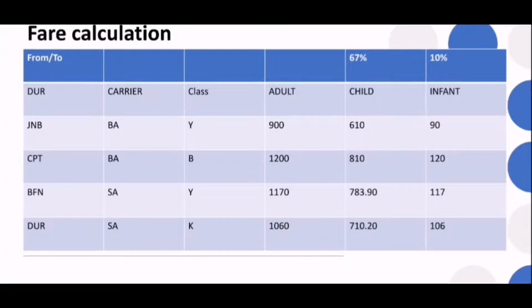The route is Durban, Johannesburg, Johannesburg, Cape Town, Cape Town, Bloem, Durban. Then we have the following carriers.